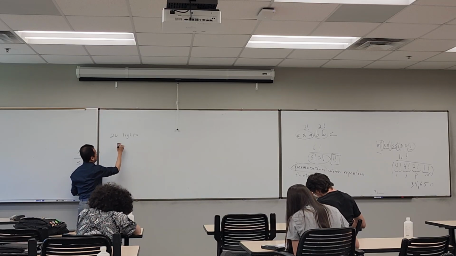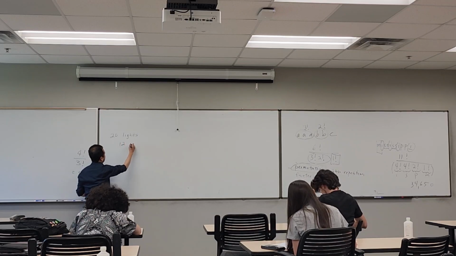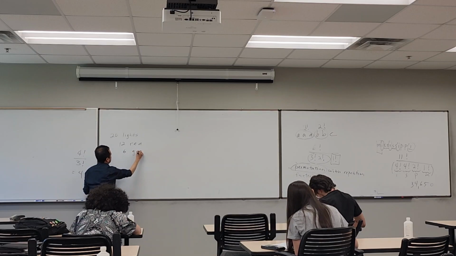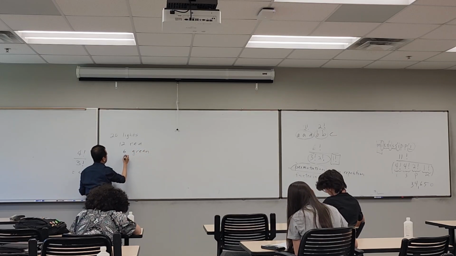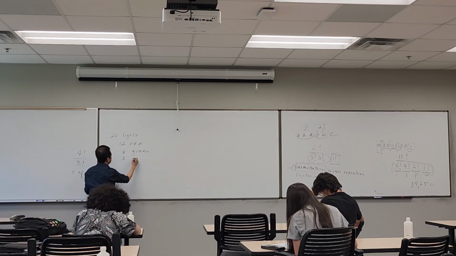And so let's say in these 20 lights, you have 12 that are red, 5 that are green, and 3 that are blue.